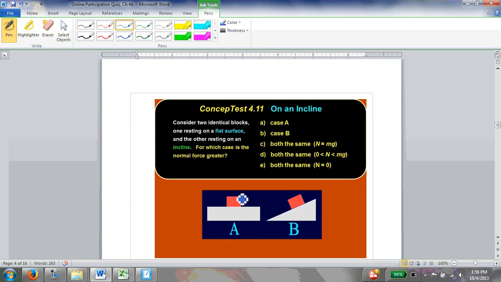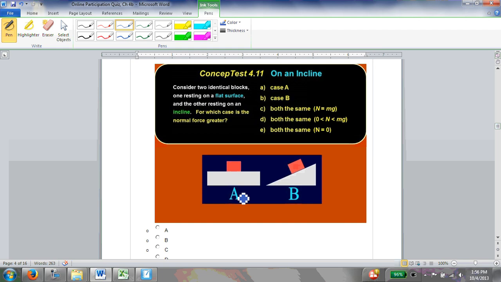Consider two identical blocks, one resting on a flat surface and one on an incline. In which case is the normal force greater? All right, we worked similar problems here. But in this case, my weight and my normal force are equal and opposite. So for case A, my normal force equals my weight. But here, my normal force is there, my weight is there.